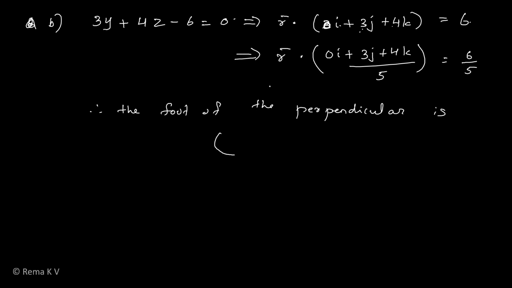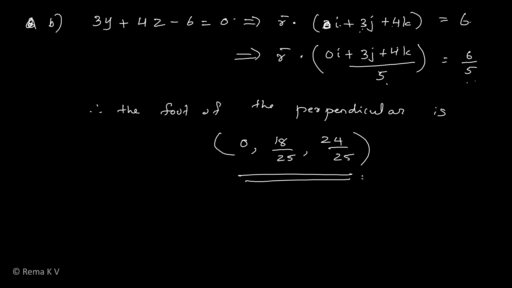First one is 0 by 5 into 6 by 5, which gives 0 itself. Then the y coordinate is 3 by 5 into 6 by 5, which gives 18 by 25. Then 4 by 5 into 6 by 5 gives the z coordinate, which is 24 by 25. So this is the foot of the perpendicular.